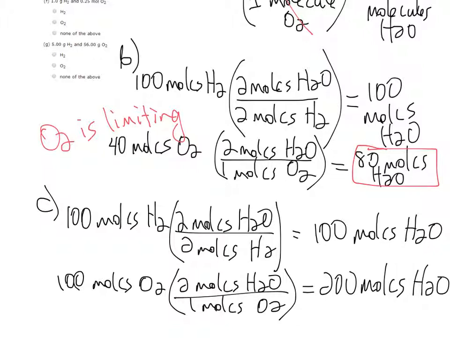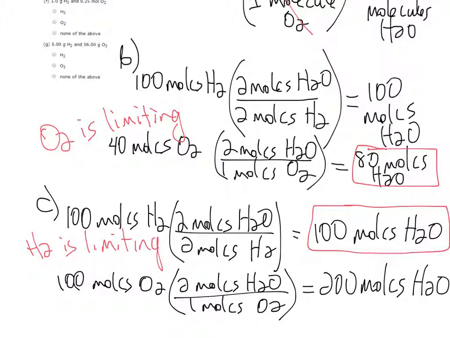You have to look for how much product is produced by reacting away the entire quantity of both of two reactants. And your goal is to pick the one that produces fewer product molecules. So in this case, since 100 is less than 200, we have to say hydrogen is the limiting reagent. It limits the amount of product that is produced.